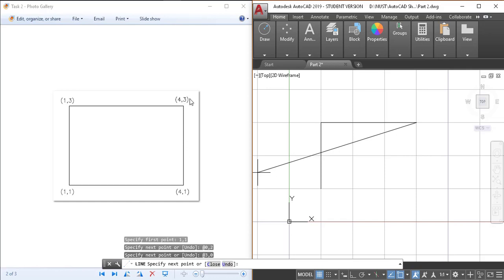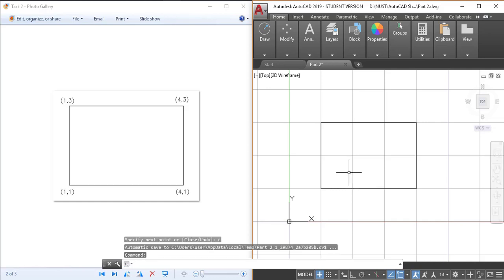The y coordinates are changing from 3 to 1. It means we have to move minus 2 units in the y-axis. So the coordinates will be at sign 0 comma minus 2. Now either we can write the coordinates or we can type C to close this rectangle.